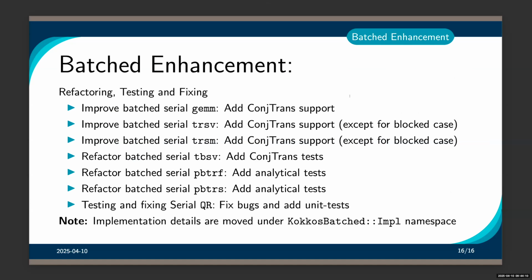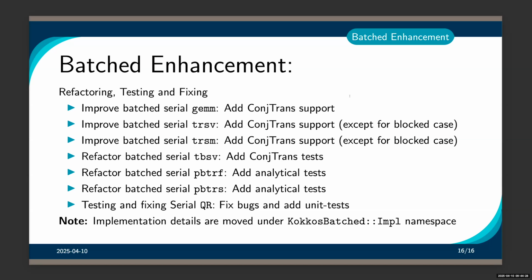And we have some enhancements to some previous functionality where we discovered certain assumptions about the matrix size or something was not quite right. And so we've done some fixes and improved the testing of some of these.